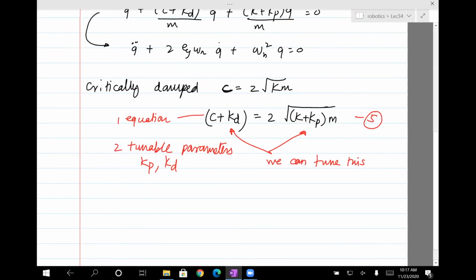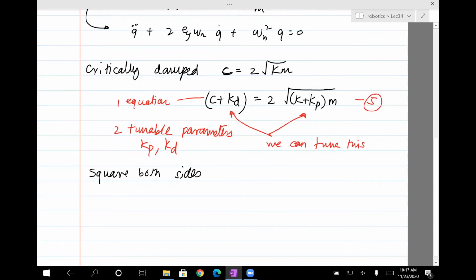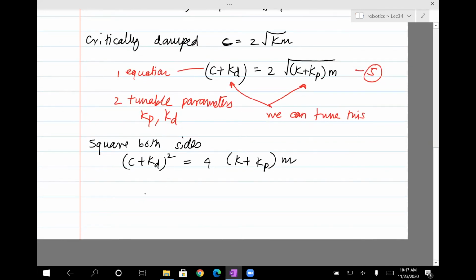Okay, and for that we'll have to square both sides. So I get C plus Kd squared equals, sorry, 2 will become 4, times K plus Kp times M. And then if I square this, I'll get something involving a quadratic equation in Kd.